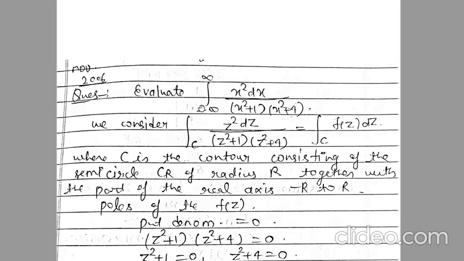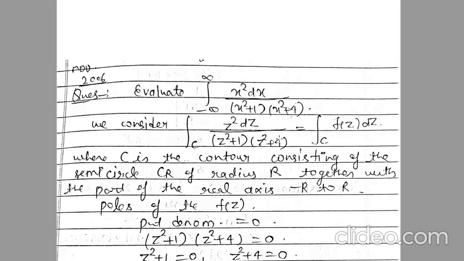Evaluate the integral from minus infinity to infinity of x square dx upon (x square plus 1)(x square plus 4). This is our integral, and we have to solve it by complex integration, that means by contour integration.